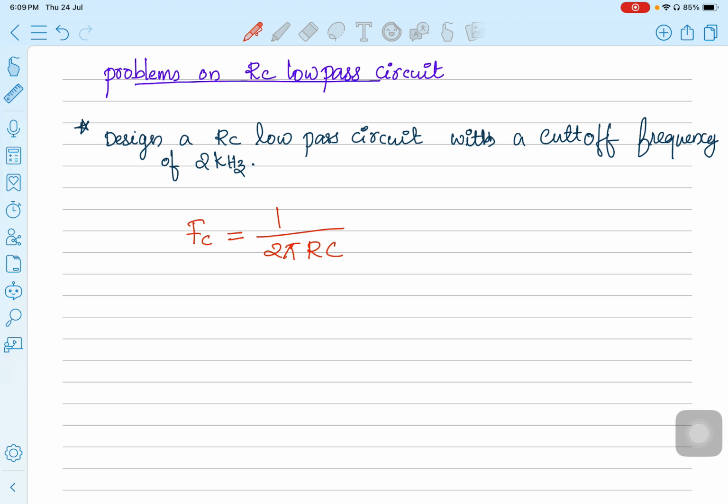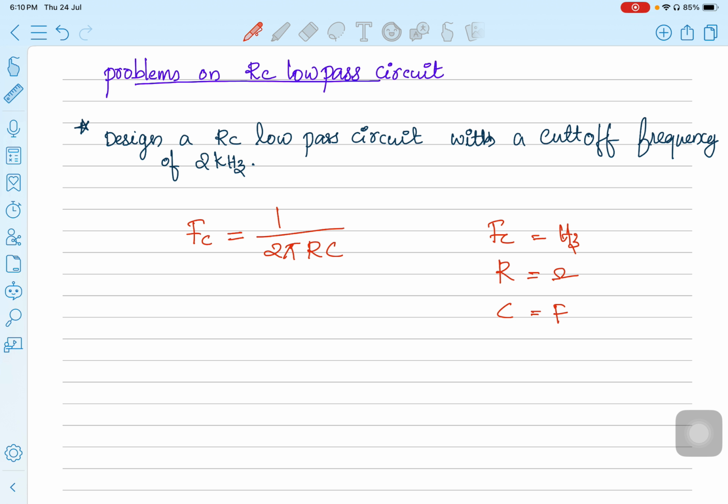Fc is the cutoff frequency in hertz, R is the resistance in ohm, and the capacitance C is in farad.